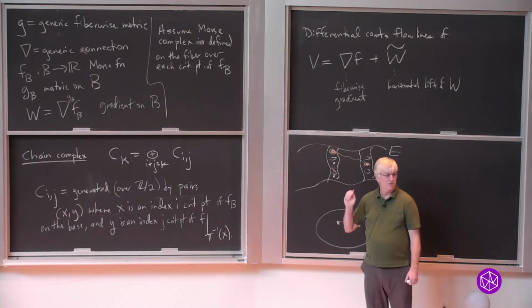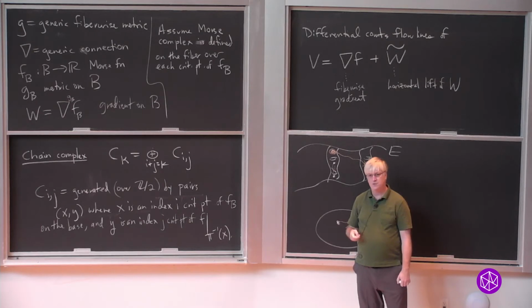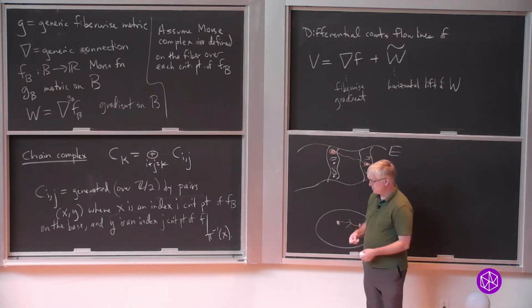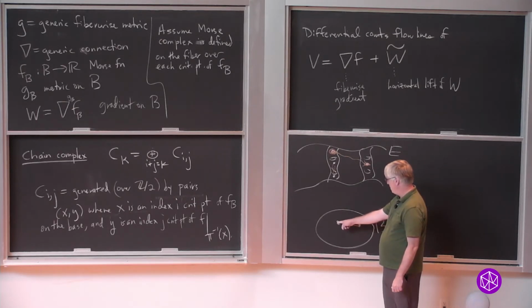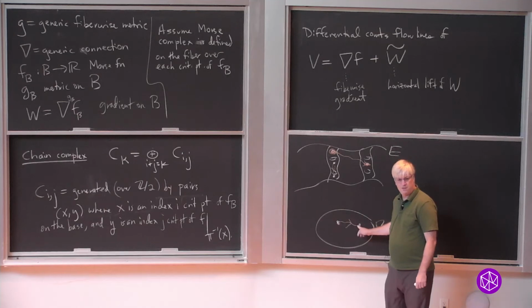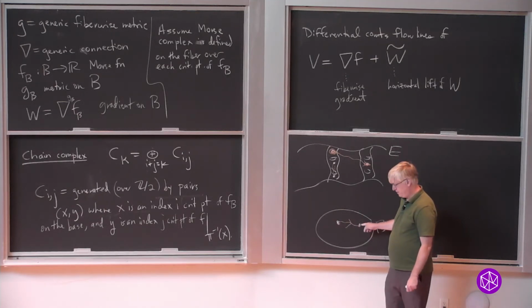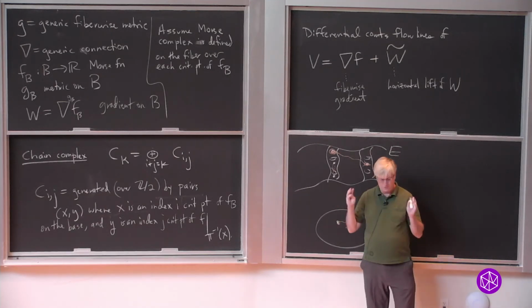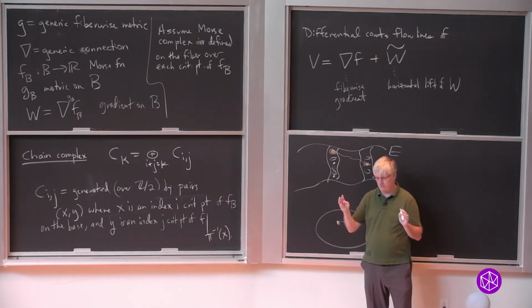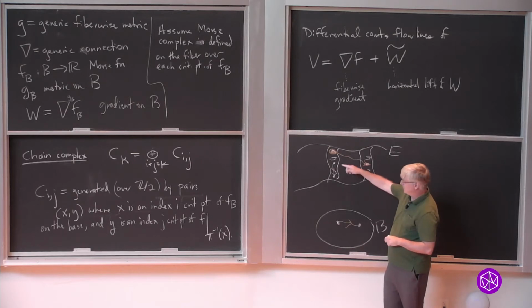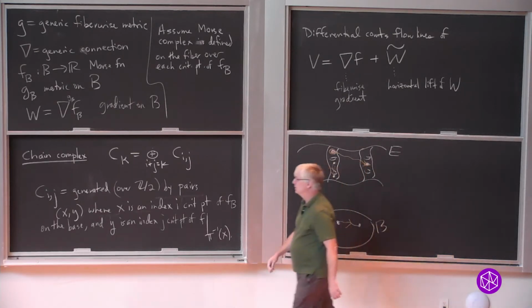And this gives you a continuation map on Morse homology. So if you have a flow line in the base, you can use the parallel transport of the connection to identify the fibers over the two endpoints of that flow line. And then we know that Morse homology doesn't depend on the choice of Morse function and metric, and there's a continuation map that gives you an isomorphism. And that's exactly what this d1 is counting.